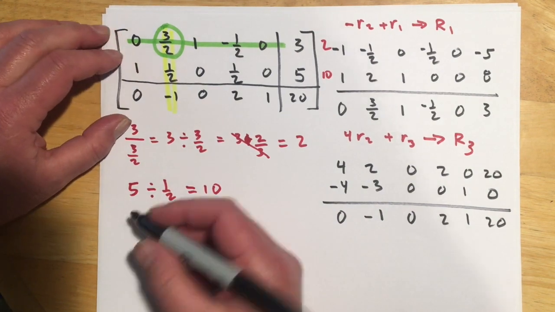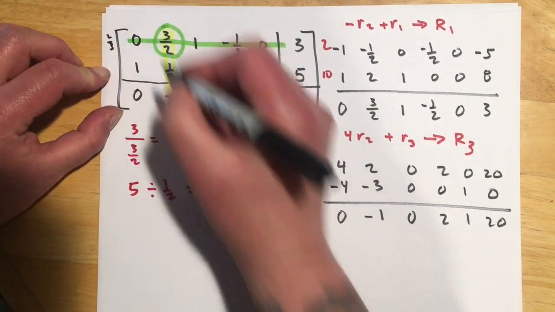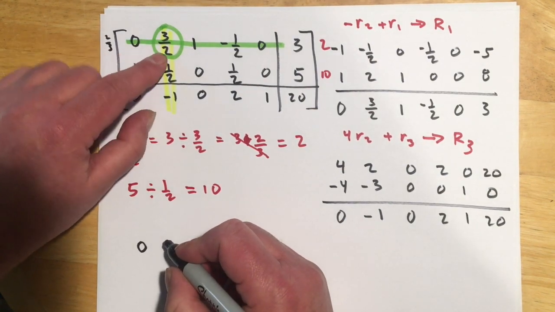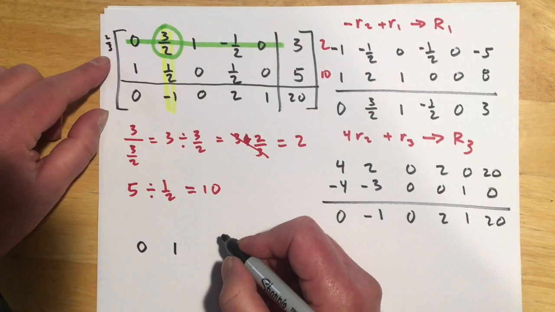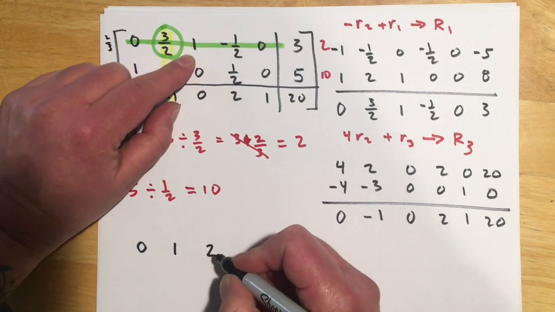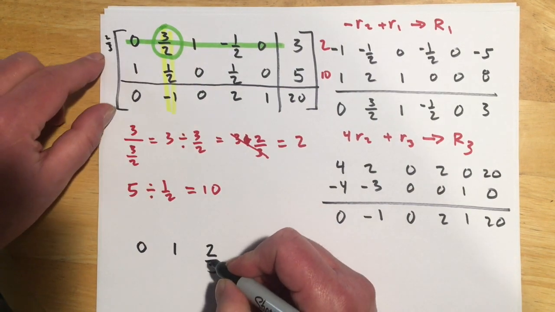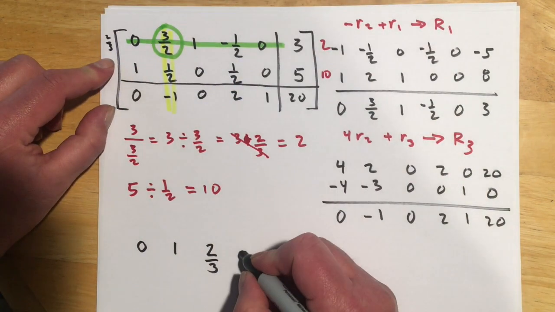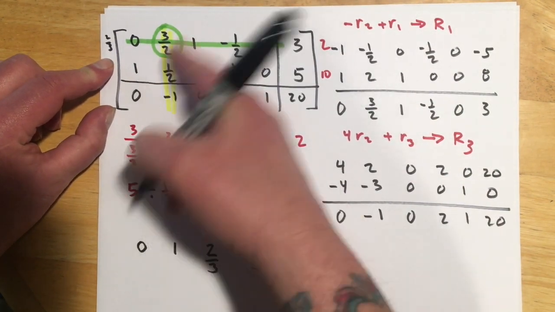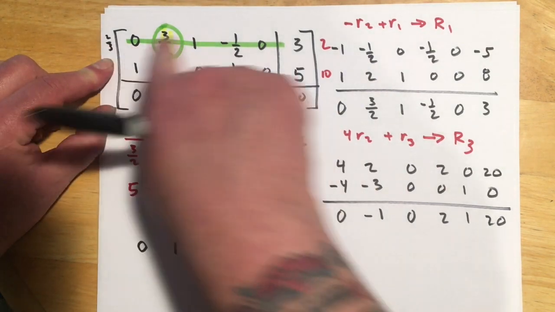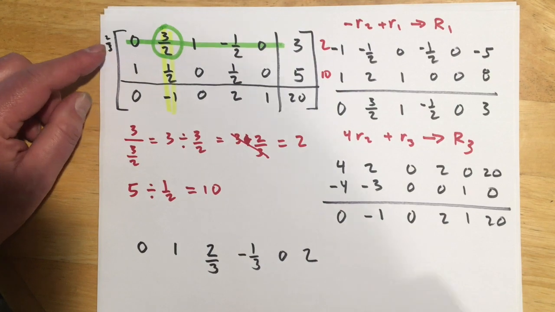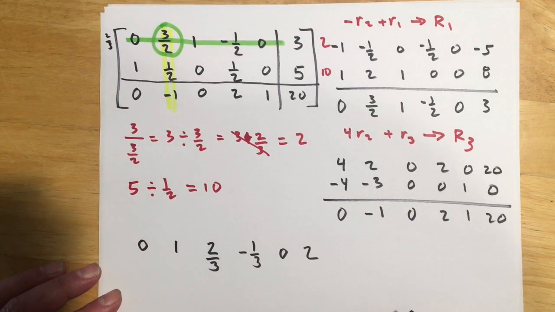So 2/3 times 0 is still going to make 0. 2/3 times 3 halves, there's the 1 that we want. And then this will be 2/3. 2/3 times 1/2, the 2's would cancel, leaving me negative 1/3. 2/3 times 0 is still 0. And 2/3 times 3, the 3's would cancel, leaving me just a 2. So this is my new row 1.